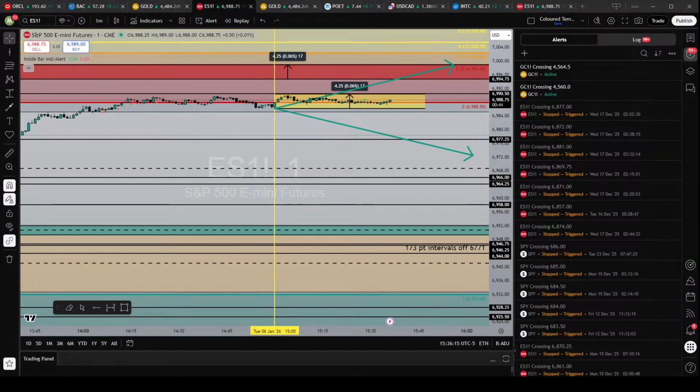So, max range for real time session. Highs are in 6993, 6995, 6996.75 to 6998, 6999 to 7K, 7K plus. Okay, I'll give you guys 5 minutes to vote on that.